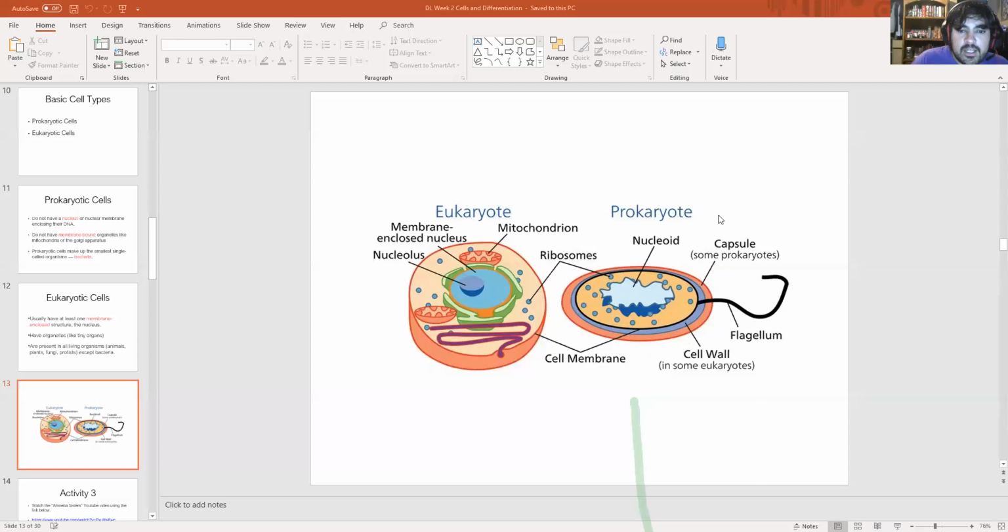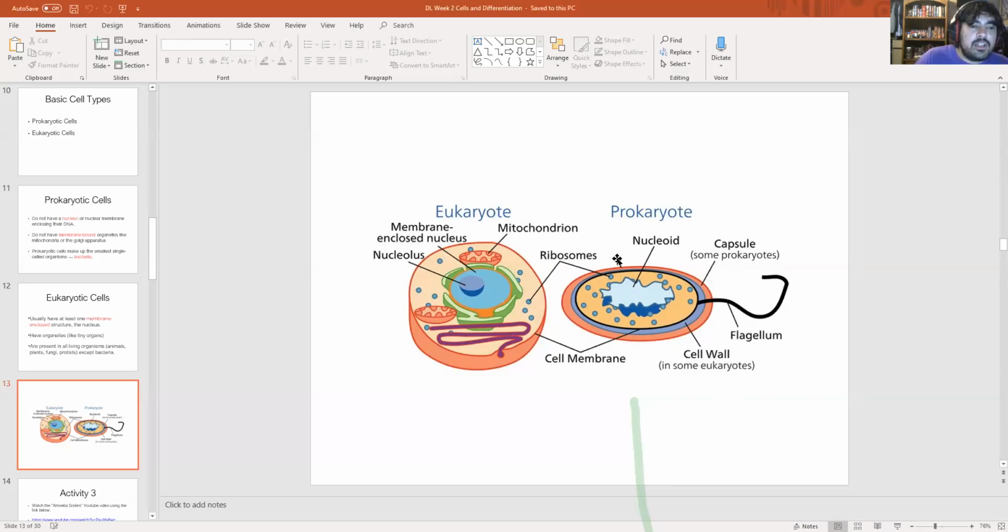You have this thing called a capsule, which I'm not really sure it is, but it has a flagellum, so that it can swim better, right? So like sperm have it, and prokaryotes have it, and some eukaryotes have what's called a cell wall. So I don't know why this is showing that there.